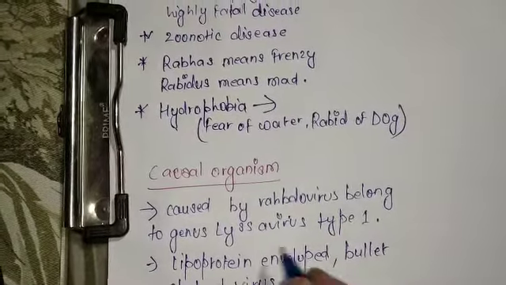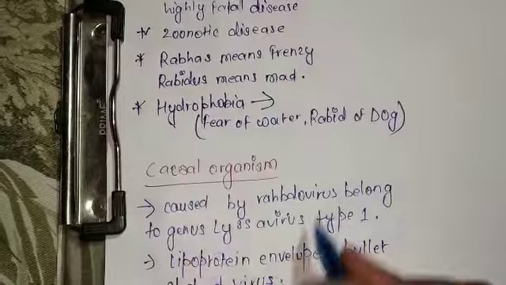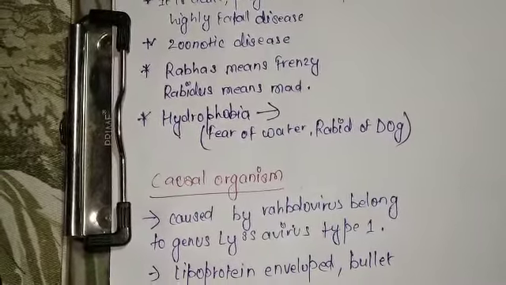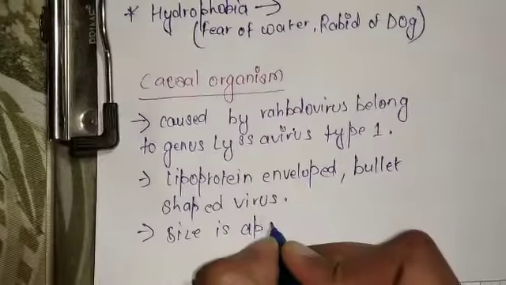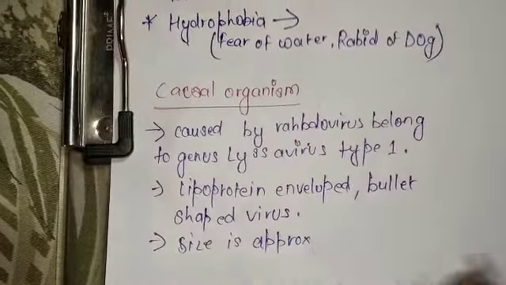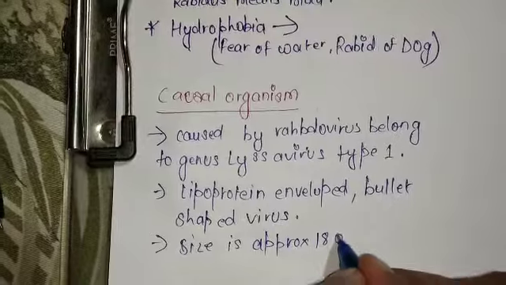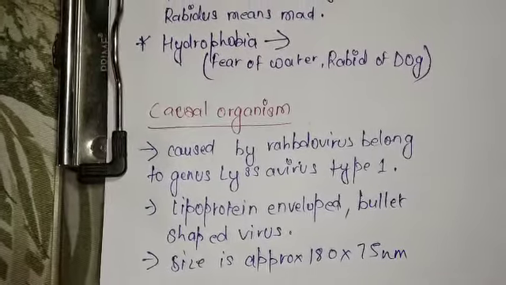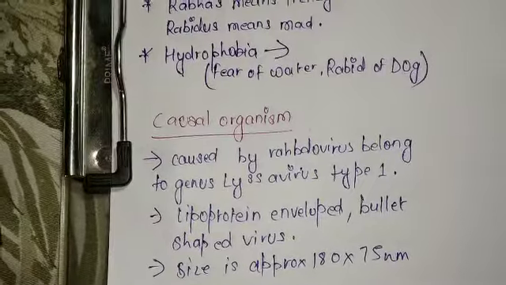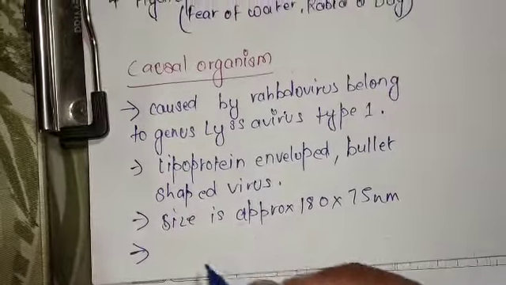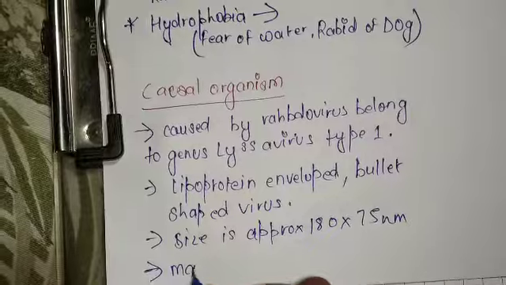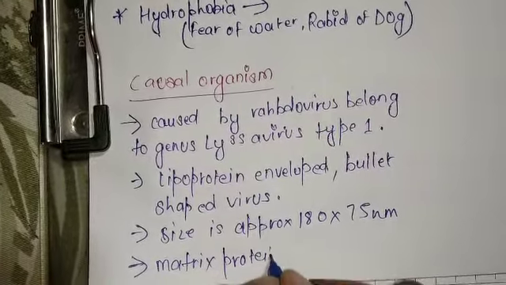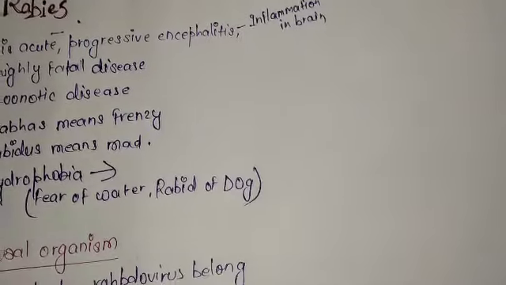and the size of this virus is approximately 180 by 75 nanometers, and on this virus there is a matrix protein layer, means it's covered by a matrix protein layer.